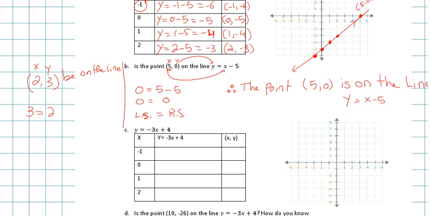What's 2 minus 5? -3. Is my left side equal to my right side? No. So that means the point is not on the line. Does it make sense to you now? So you've seen both, if it is or if it's not.